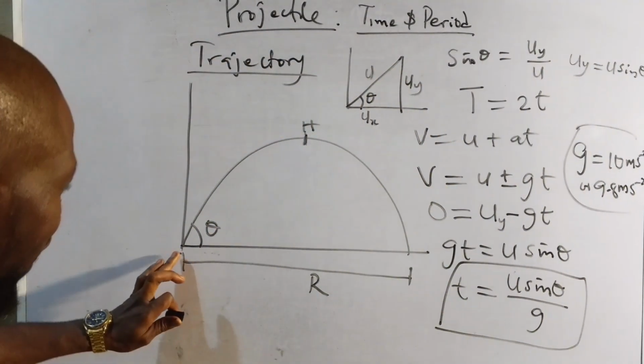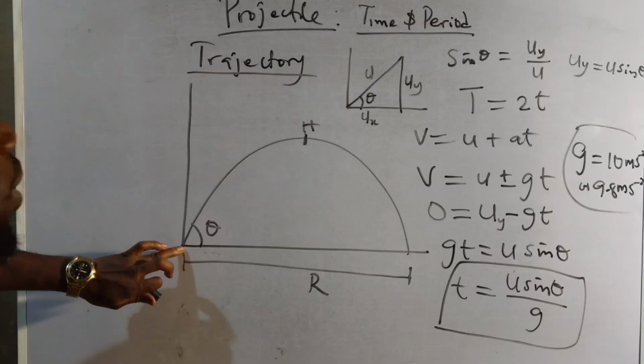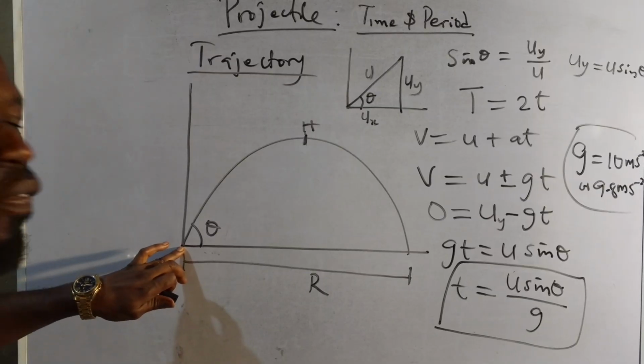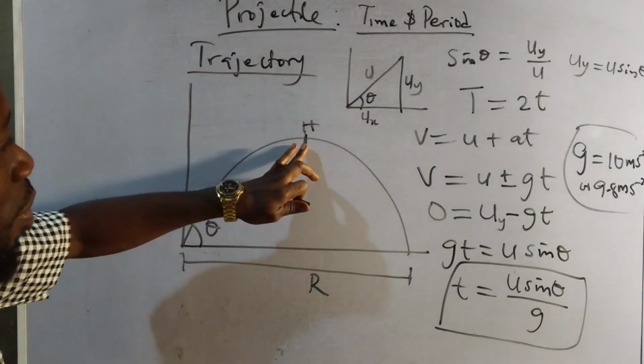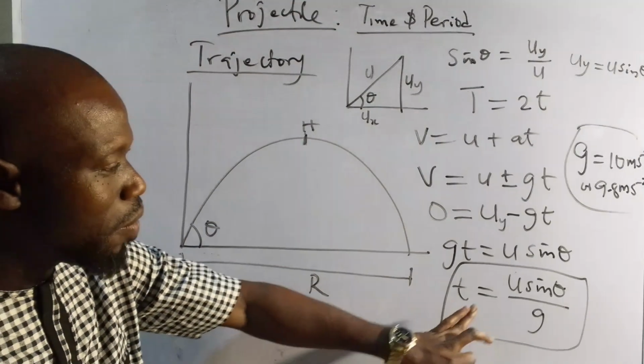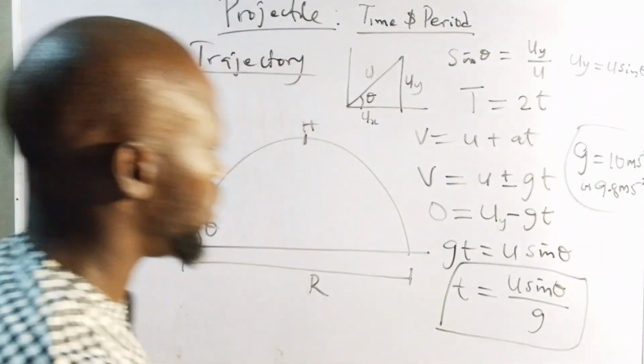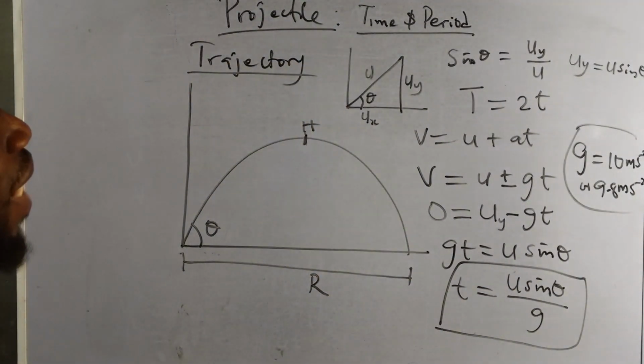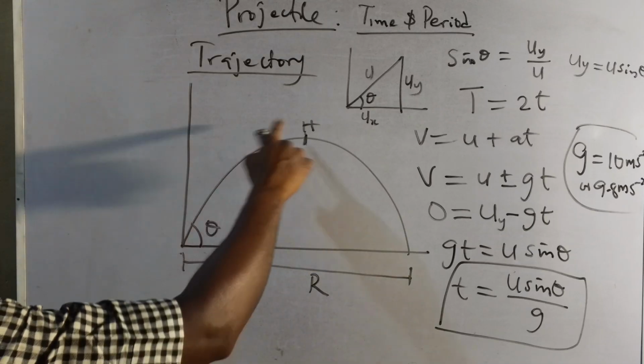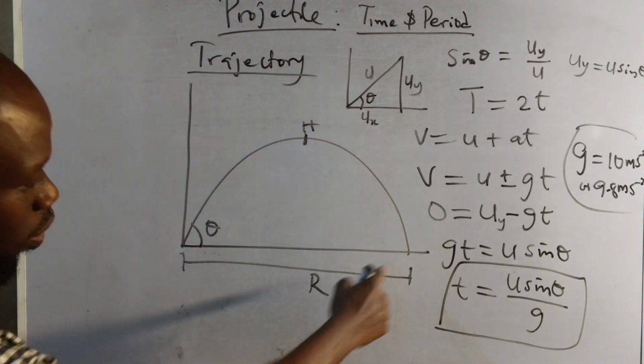So the time to take a projectile to move from the point of fire to the maximum height is t, which is u sine theta over g. But remember that the same time it takes to reach up is the same time it will take to come down.